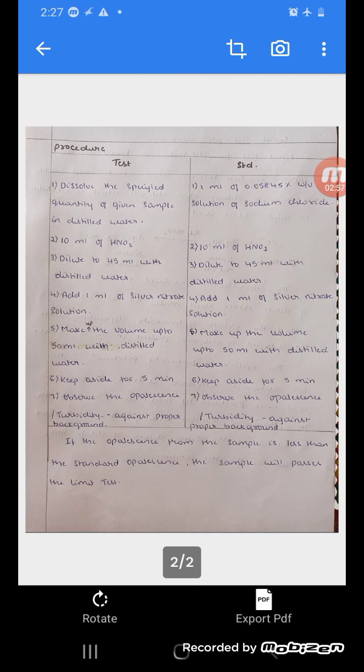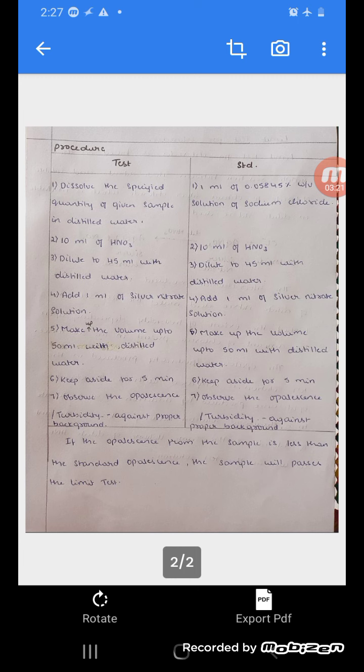To the test Nessler cylinder, add 1 ml of test solution or the sample solution. To the standard Nessler cylinder, add 1 ml of 0.05845% weight by volume solution of sodium chloride.